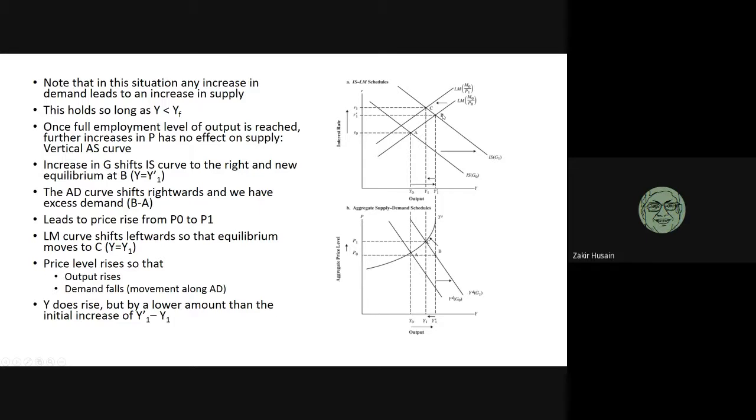Once we introduce flexible prices, there is a further shift from B to C. So the increase in output is tempered by inflation. So we can see that if the supply curve is positively sloped, output will increase, but the increase will be less than in the ISLM model.